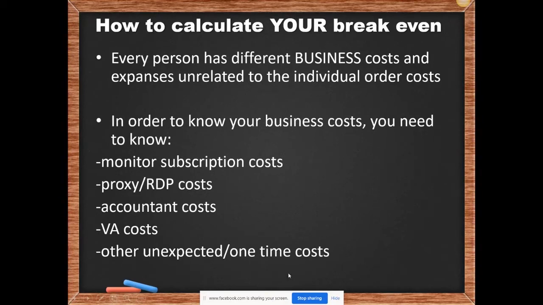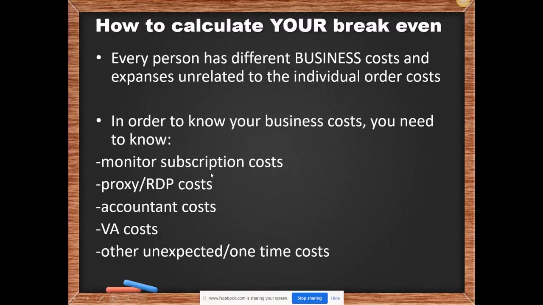For example, you purchase an eBay store from a supplier, or maybe you bought Amazon accounts. That was a one-time cost, which happens once in a while. I'm talking about the ones which are usually constant.